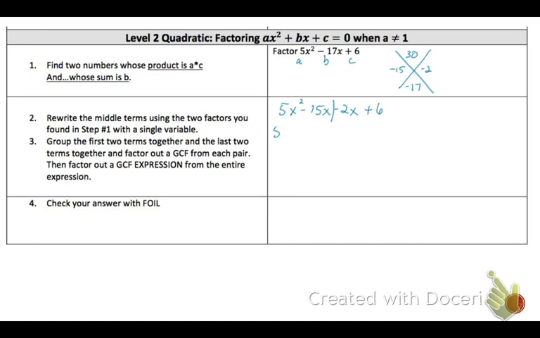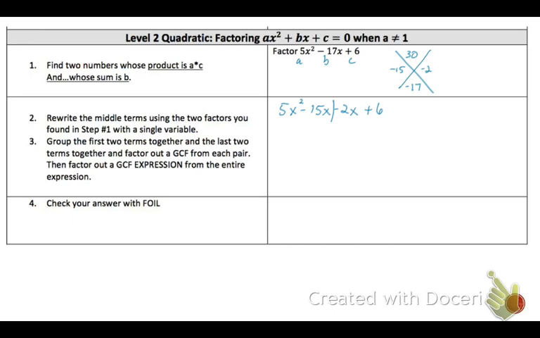Then what we're going to do is step number 3. We're going to group the first 2 terms together and the last 2 terms together. Now I'm going to do that by drawing a simple small dividing line right after my second term. I don't extend it down, I just do it right in that line of the equation.